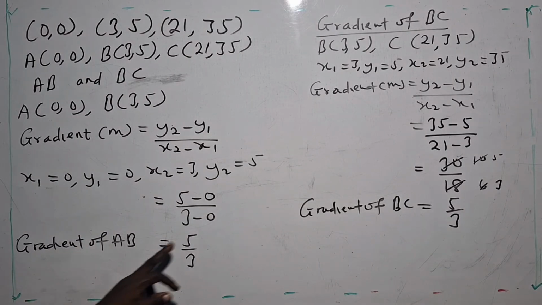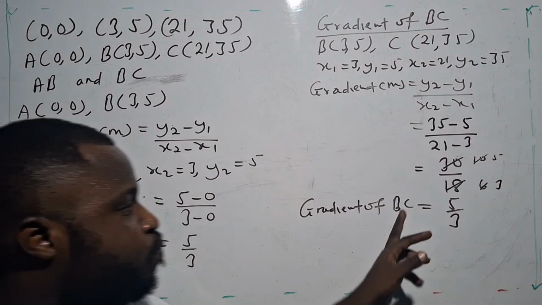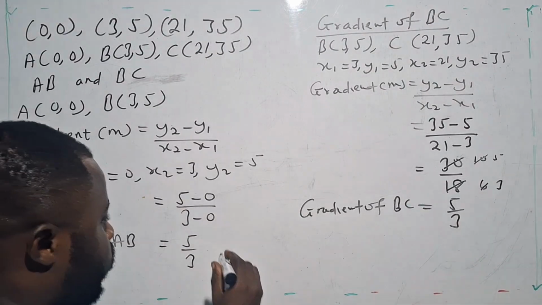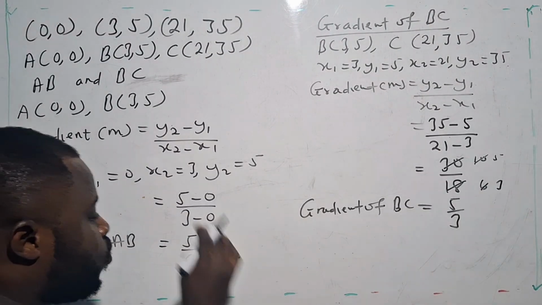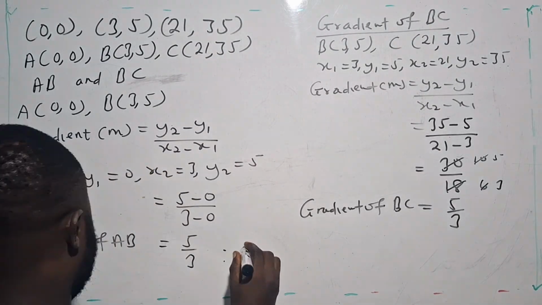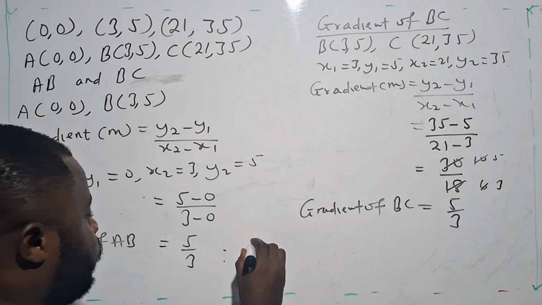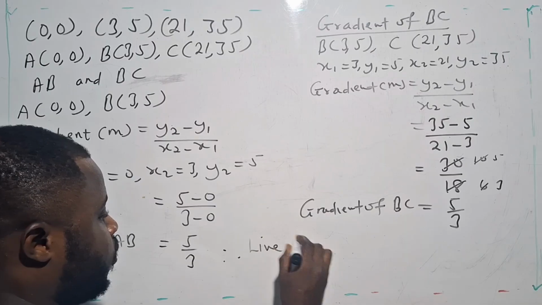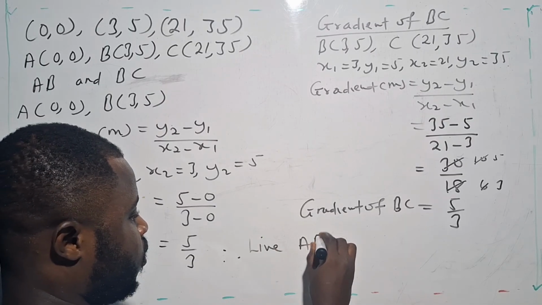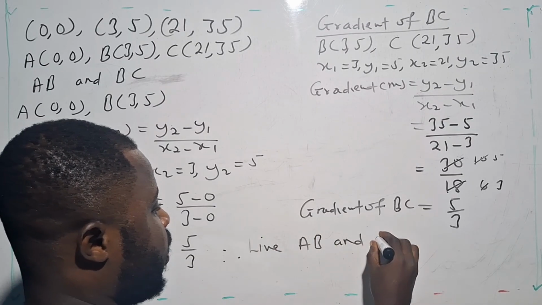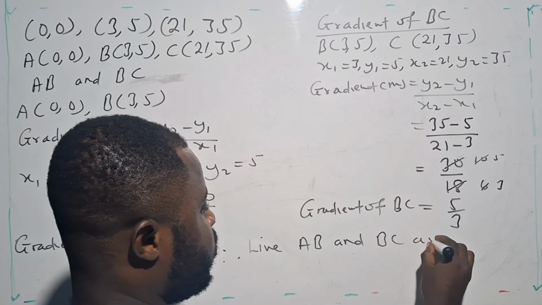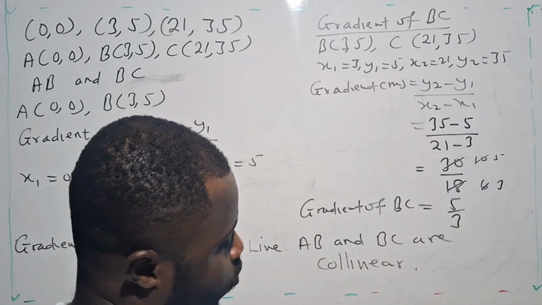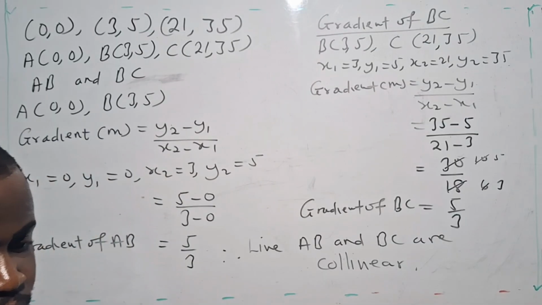Now what do you see here? The gradient of AB we got 5 over 3. The gradient of BC we got 5 over 3. So what do we see? Therefore we conclude by saying lines AB and BC are collinear, as simple as that.